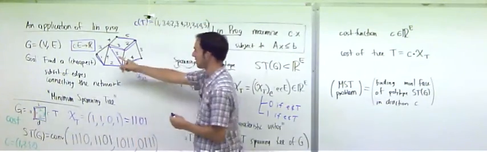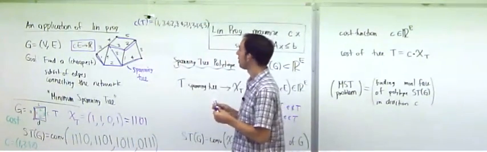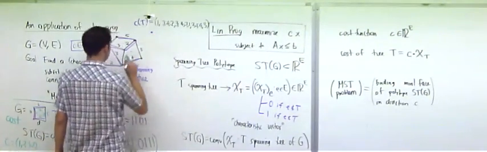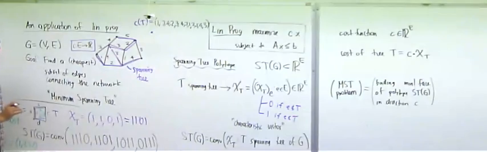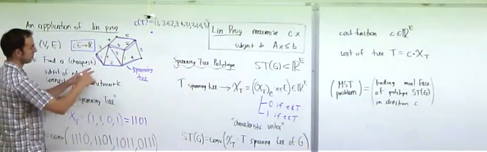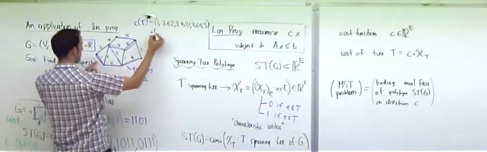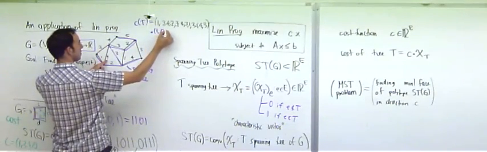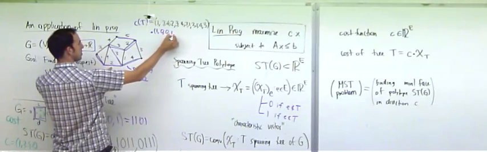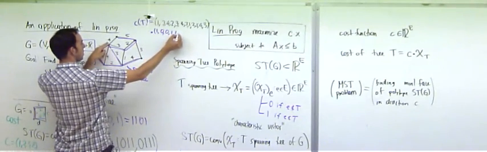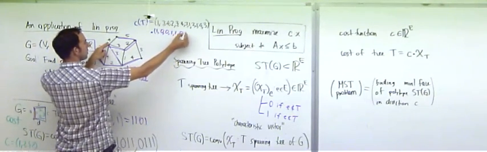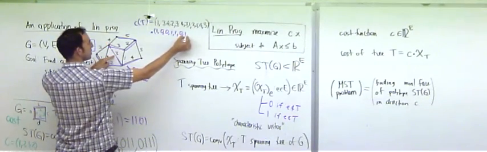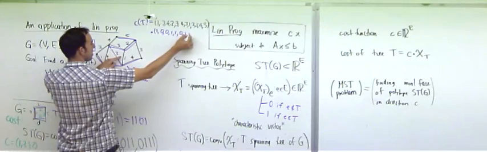So that's the cost function. And taking the dot product with the edges that are actually in the tree. So this 1 is in the tree, this 3 is not in the tree, this 4 is not in the tree, this 2 is in the tree, this 3 is in the tree, this 4 is not in the tree, this 3 is in the tree, I think I missed one. This 1 is not in the tree.